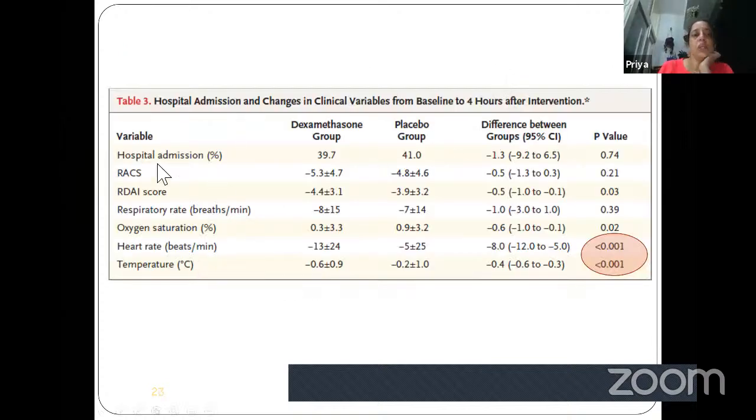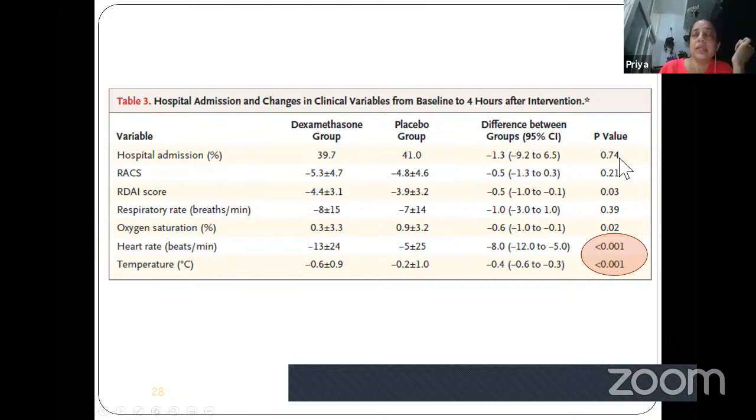Here, the first one, hospital admission, there's a difference of 1.3% between the groups, but the p-value is 0.74. What this means is there is a 74% probability that this difference is occurring by chance, and only a 26% probability that this is a real difference. Now, this study had an alpha of 5%, and this is 0.74.